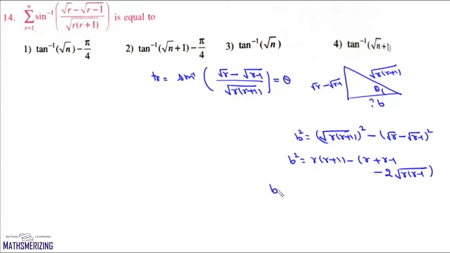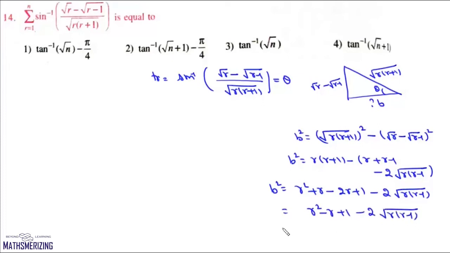Now we'll simplify this. We'll get b square as r square plus r minus 2r plus 1 minus 2 into under root of r into (r minus 1). Here r and minus 2r will combine, so we'll get r square minus r plus 1 minus 2 under root of r into (r minus 1).